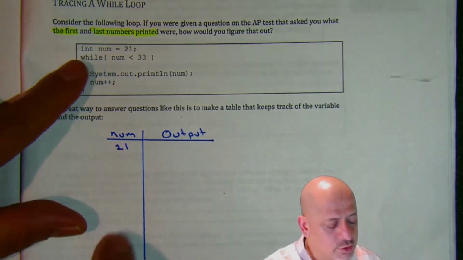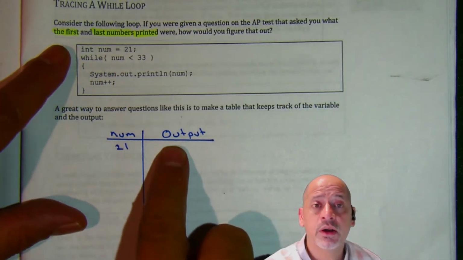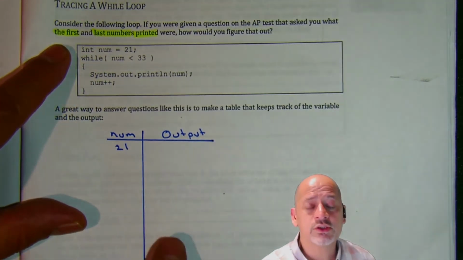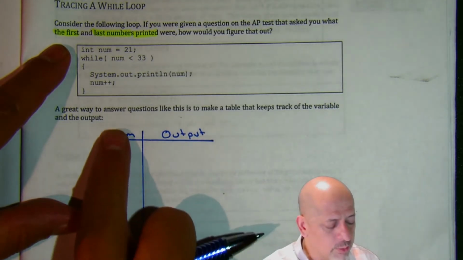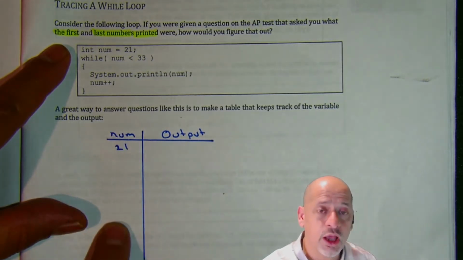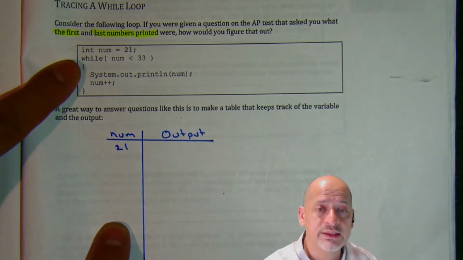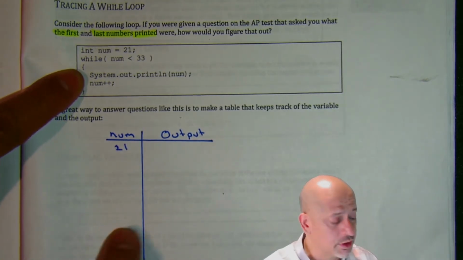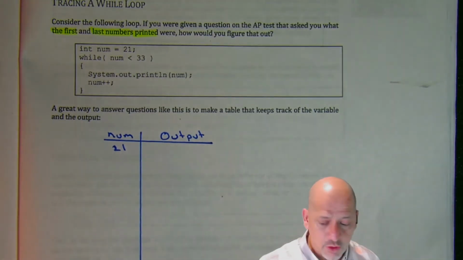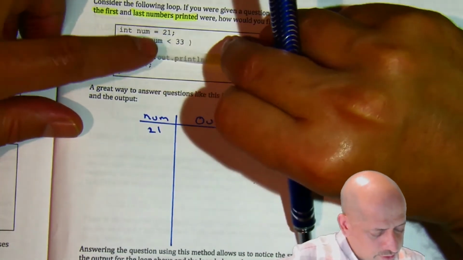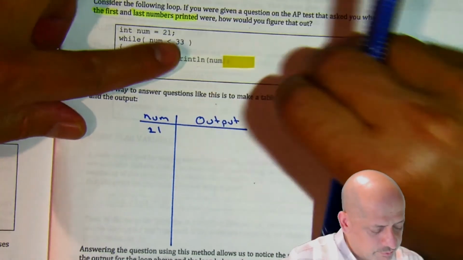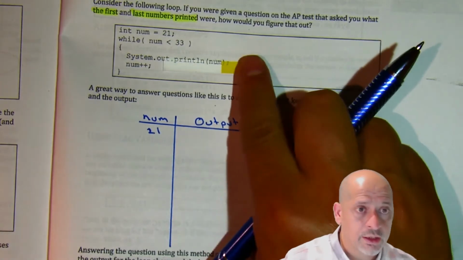Remember, the question is what is going to be the first number printed, and then what is going to be the last number. So we don't have to worry about the numbers that are here. That's going to help us decide what numbers will be printed. But the thing we are looking for is the numbers that are going to be printed in this section here. Do you agree?